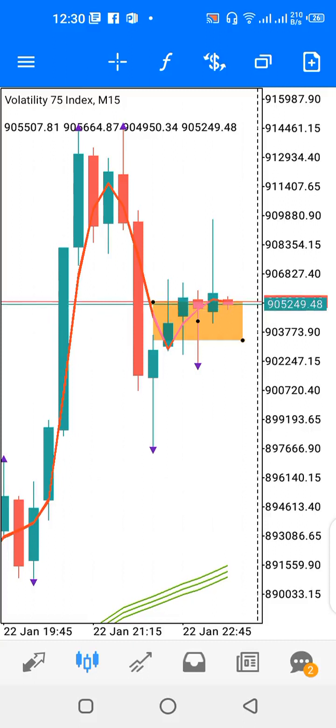The first edge pending order will be 0.003. The second edge pending order will be 0.008, and the third and final pending order will be 0.024. Before you get to the third pending order, you should be able to know the direction of price.